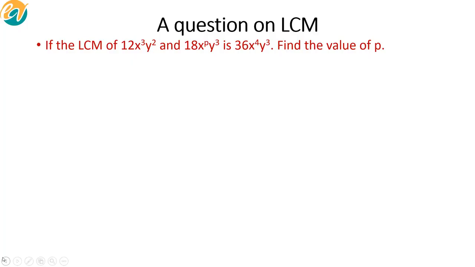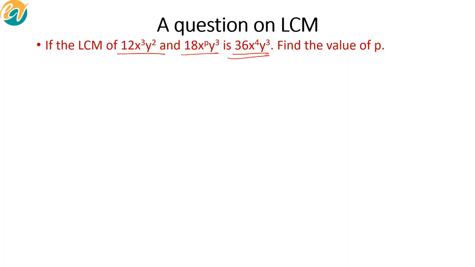Okay. It is given to us that the LCM of these two integers is this. So we have to find out the value of p. How do we do that?